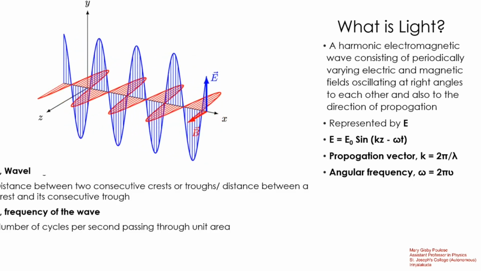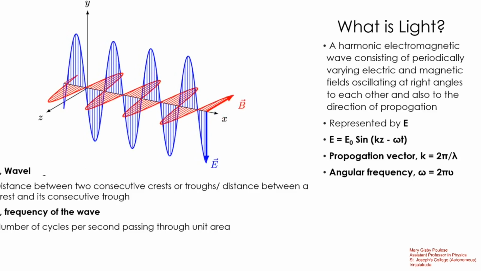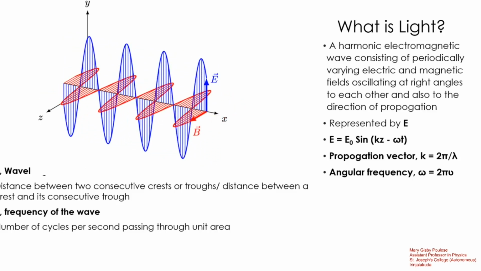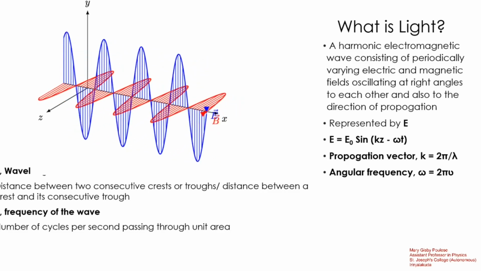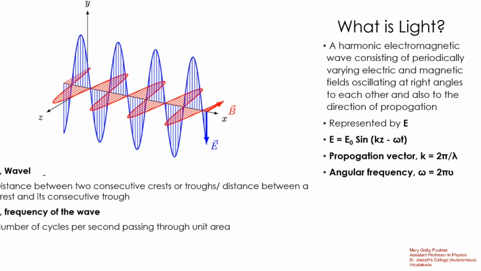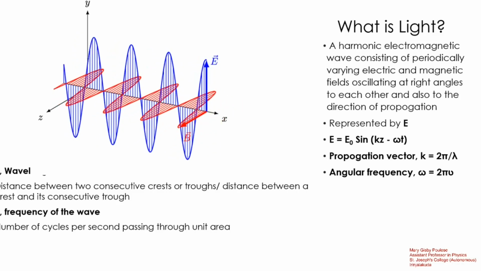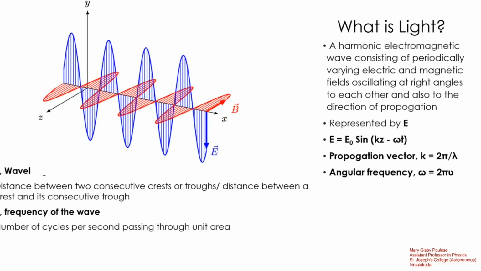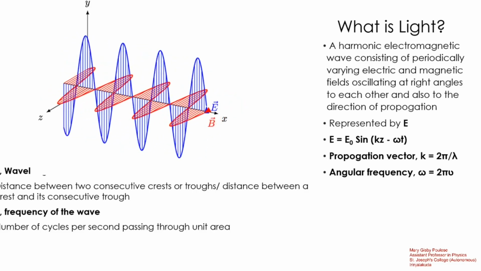So this is the actual image that can describe light as an electromagnetic wave. It has electric vectors shown in blue and magnetic vectors shown in red, and they are periodically varying. Both these vectors are aligned perpendicular to each other, that is at right angles, and both these vectors are perpendicular to the x-axis, that is the direction of propagation.